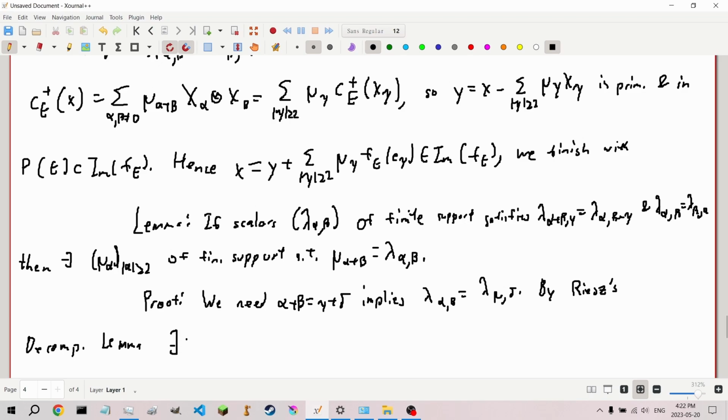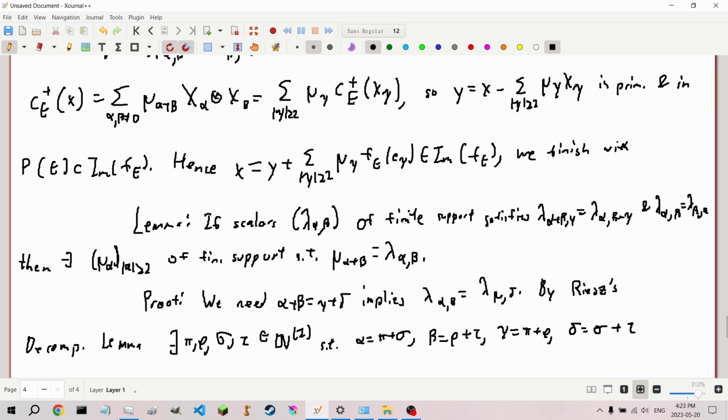There exist pi, rho, sigma, and tau being sequences of natural numbers indexed by I, such that alpha is pi plus sigma, beta is rho plus tau, gamma is pi plus rho, delta is sigma plus tau.